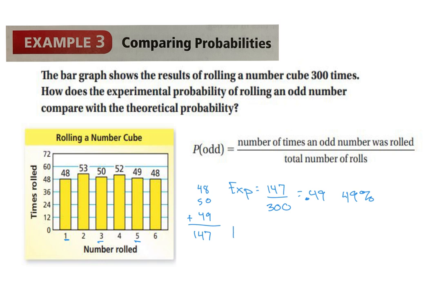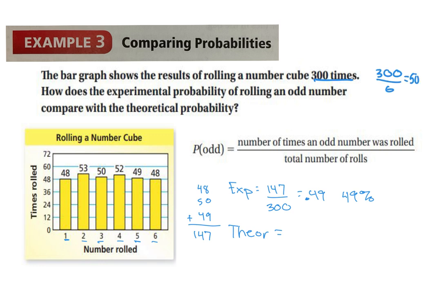Now theoretical, that's the number of times each should be rolled. Well, if we have 6 sides on a die, 300 divided equally into 6 should be 50, right?